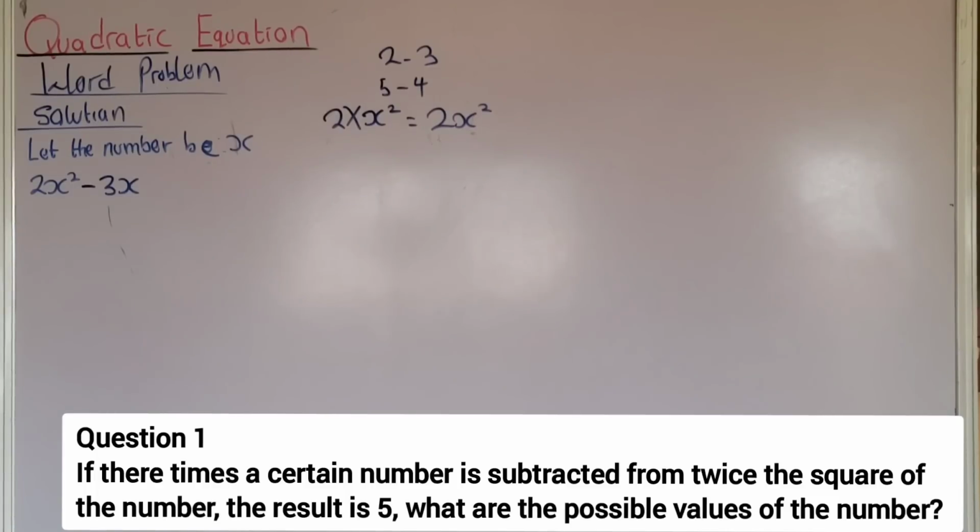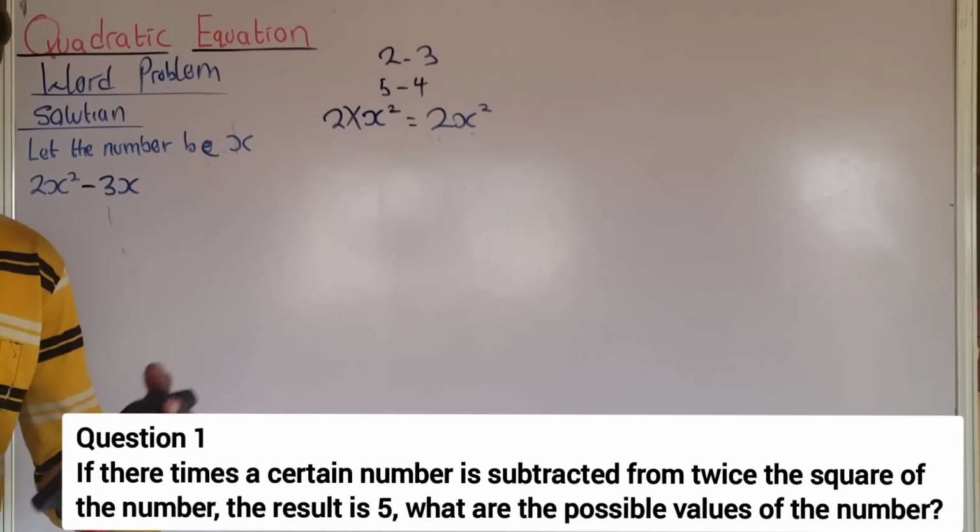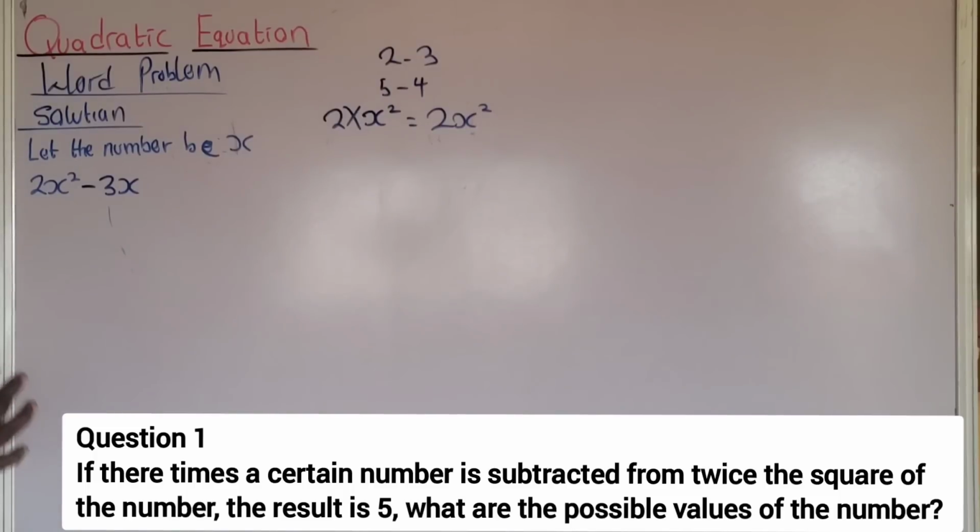That's why I take time. I'm very sure we've learned how to solve quadratic equations in our previous class, but here we have a word problem where you are required to make your equation out of it. So I want you to pay attention.